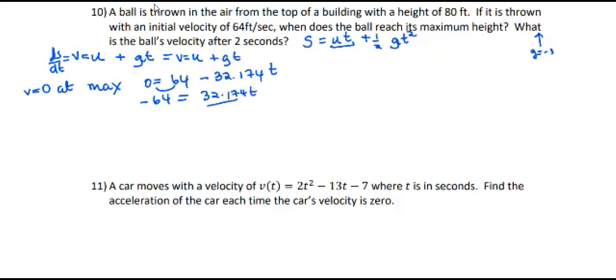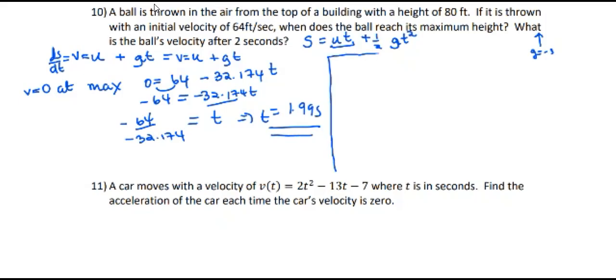If we divide by negative 32, we get 64 divided by 32.174 is equal to t. Which then tells us that t is equal to 1.99 seconds. So the ball is at its maximum height after 1.99 seconds.